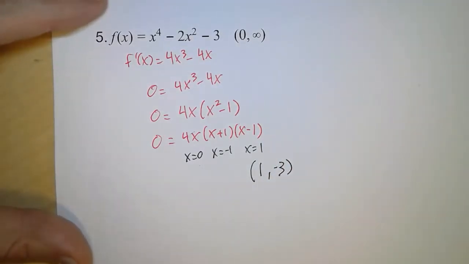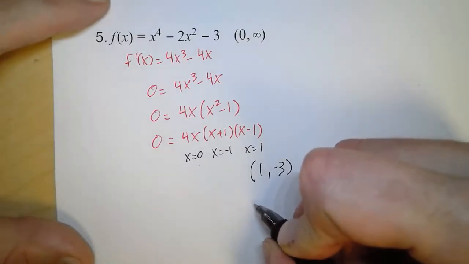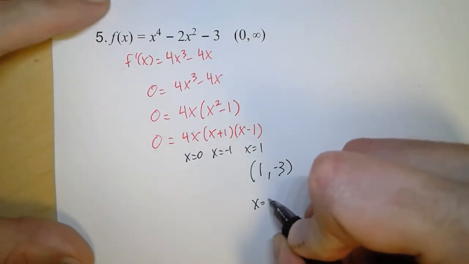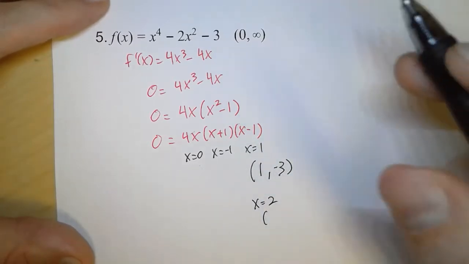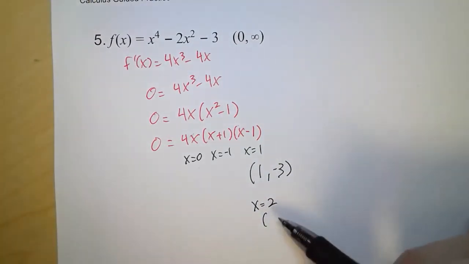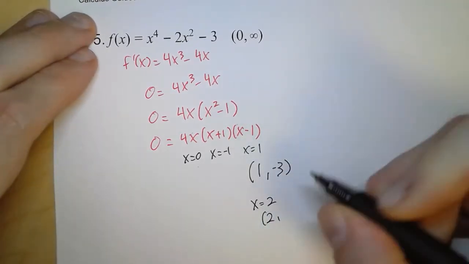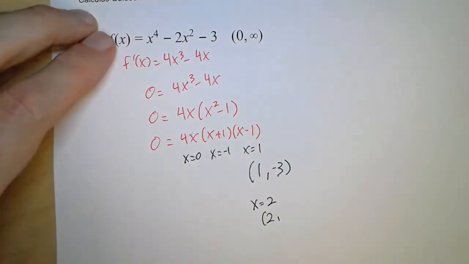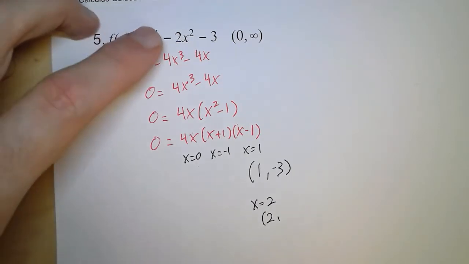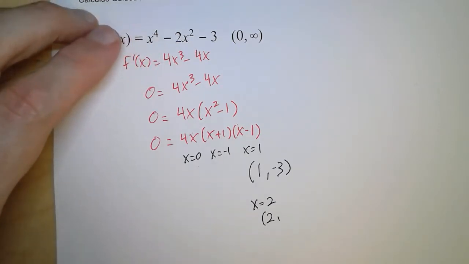But the question is, well, wait a minute. Is that a minimum or is that a maximum? Hard to tell. So an easy way to tell is just pick another point. Let's try 2. It's not an extrema, but either it'll be above that or it'll be below it. So if we plug 2 in, 2 to the 4th is 16. And then minus 2x squared, so that's minus 8, minus 3.